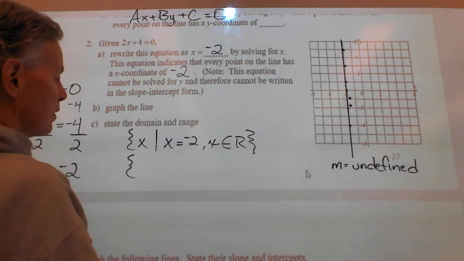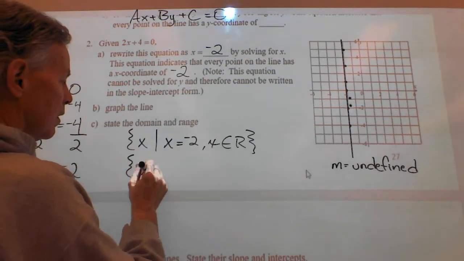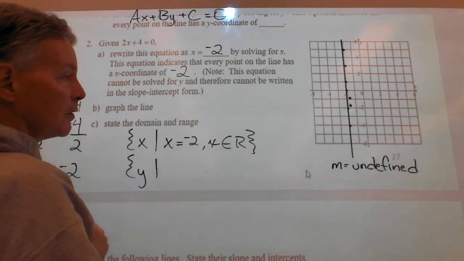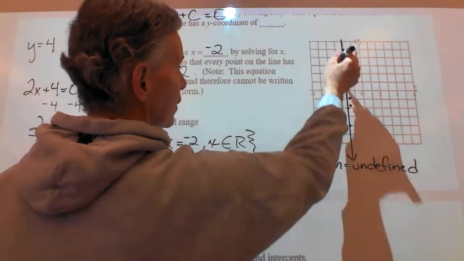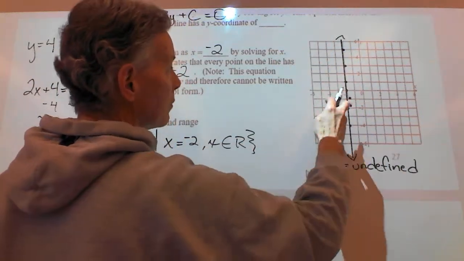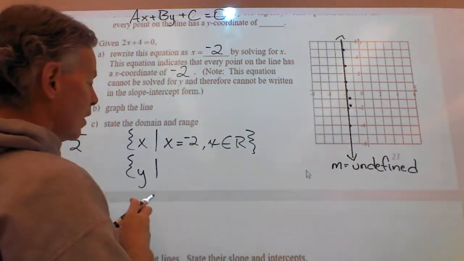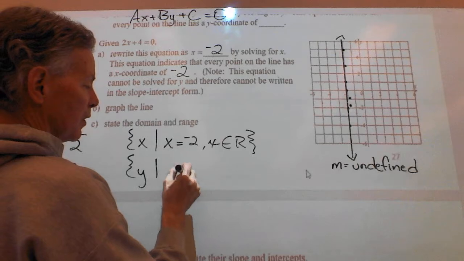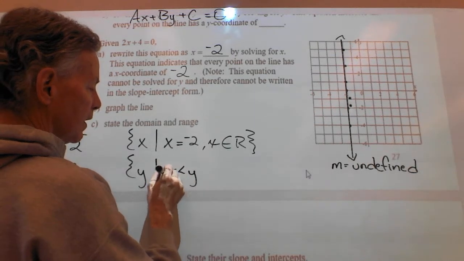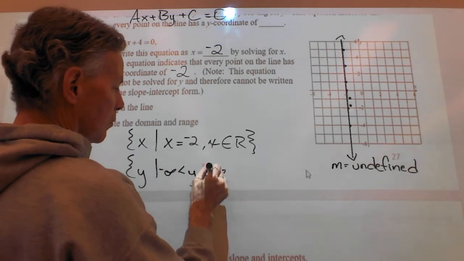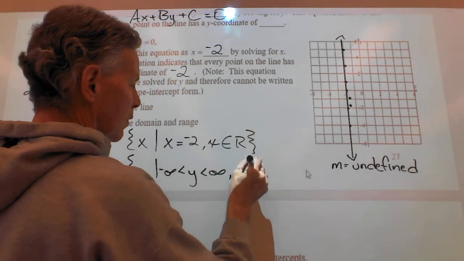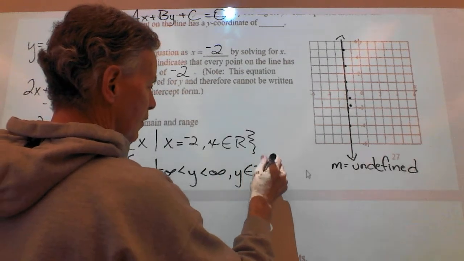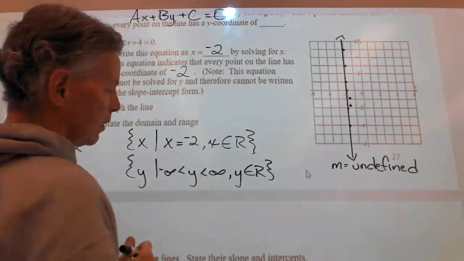How about our range? Our range is our y values, and since this line can go on forever, both up and down, we can say that y has to be greater than negative infinity or less than positive infinity, and y is an element of the set of real numbers, again, because we have a solid line.